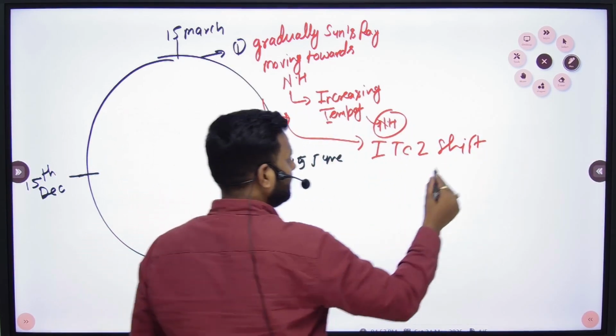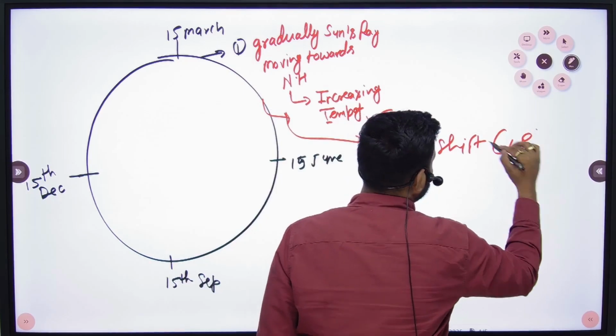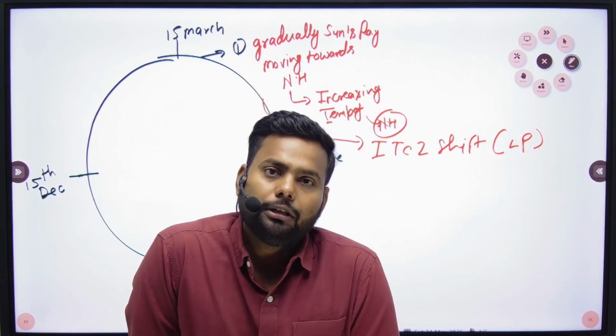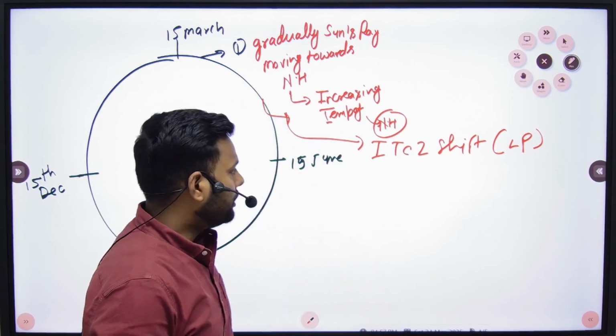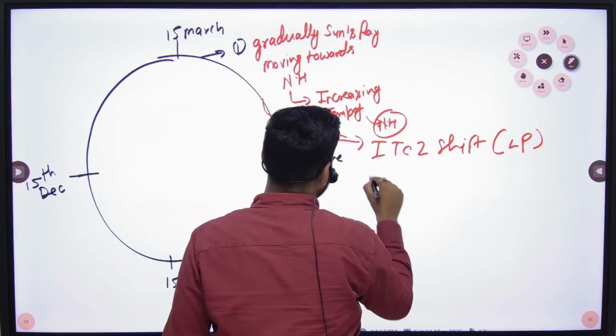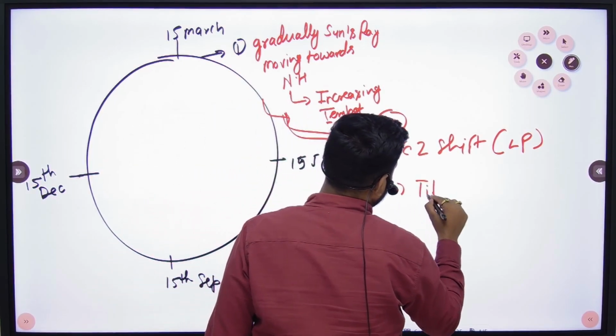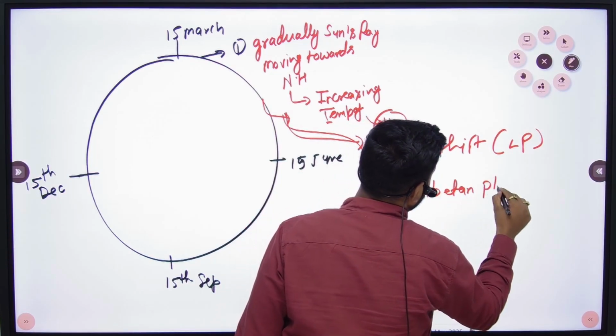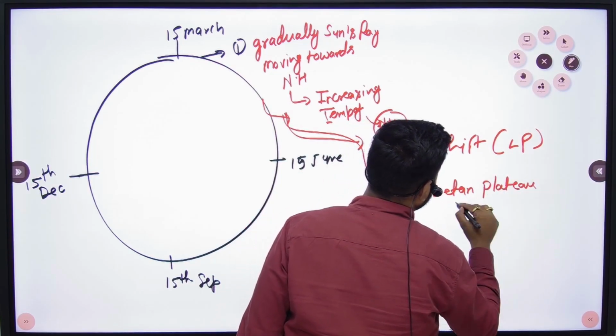It means the ITCZ is the region of low pressure, and it is the region where both the trade winds try to converge, and gradually in this phase the Tibetan plateau gets warmer.